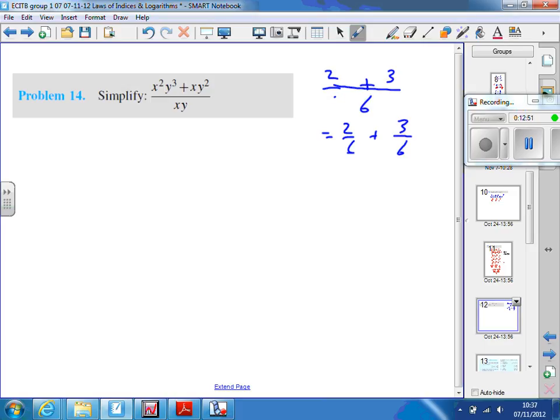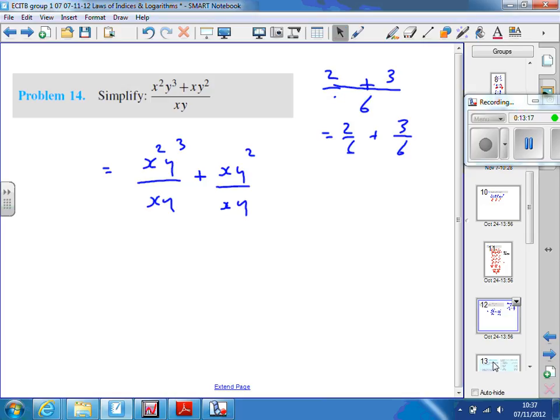To simplify this, the first step is to rewrite this as x squared y cubed over xy plus xy squared over xy. So I split it up. And then I try and cancel down. We can either use the law of indices here, or we can just cancel.